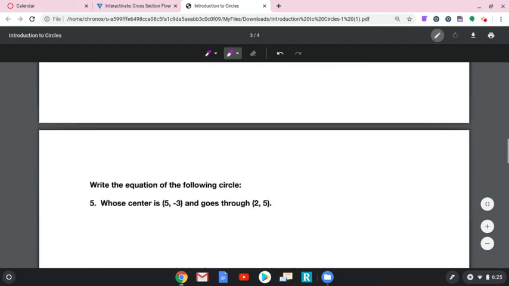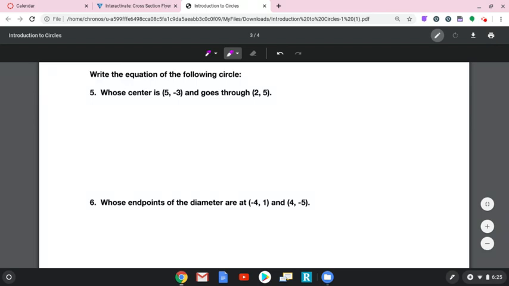All right. Now let's go down here to write the equation of the circle. Now, we're going to be given different information here. So in 5, it says write the equation of the circle whose center is 5, negative 3, and it goes through 2, 5. Now, the center is very valuable because right when I see 5, negative 3, I know that is my h and my k.